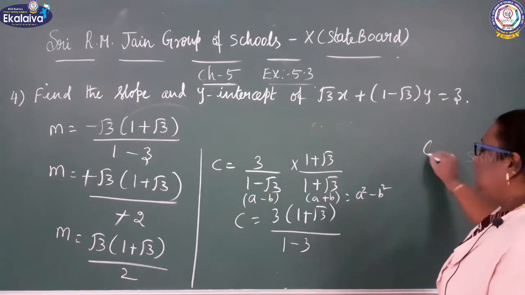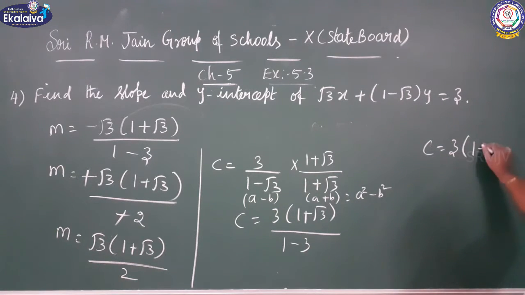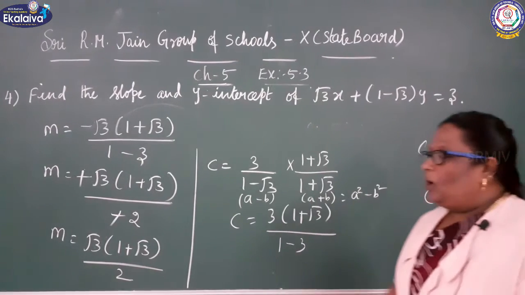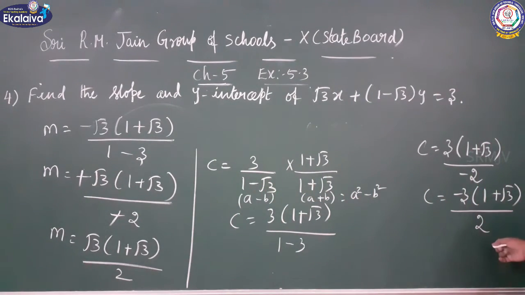So it gives c equal to 3 into 1 plus root 3 by minus 2. So c equal to minus 3 into 1 plus root 3 by 2. So this is the value of m, the slope, and this is the value of the y-intercept c.